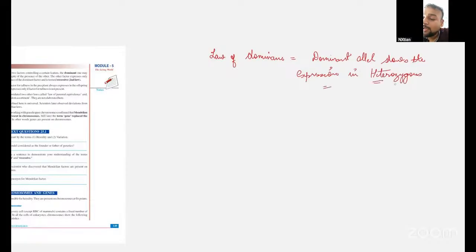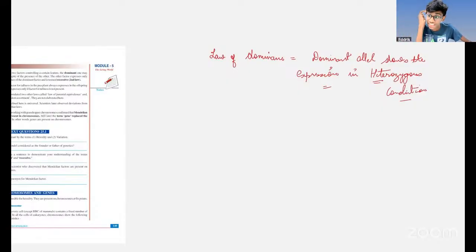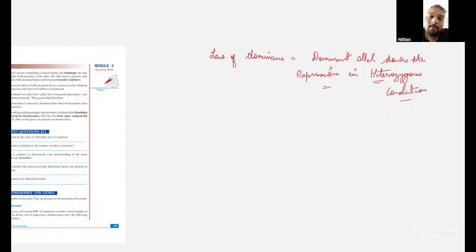Now what is heterozygous condition? Heterozygous condition is a condition in which it has both dominant and recessive alleles.